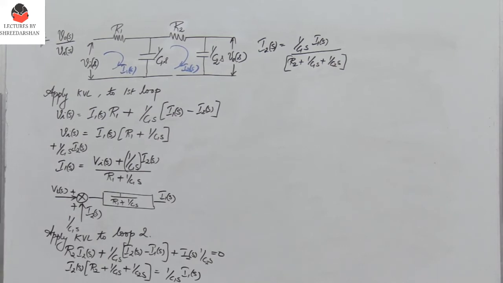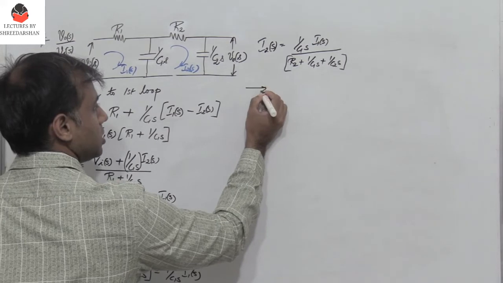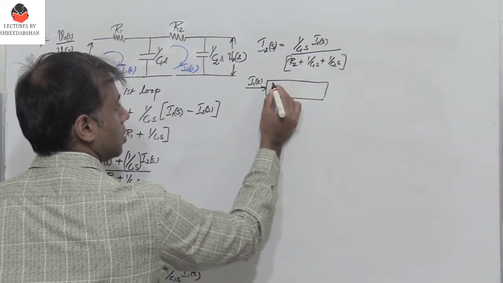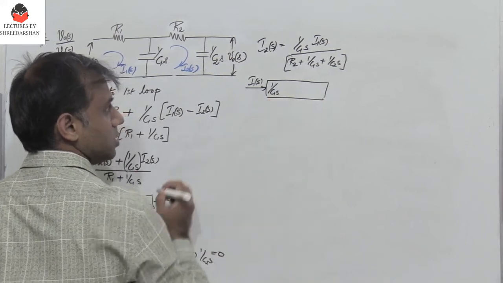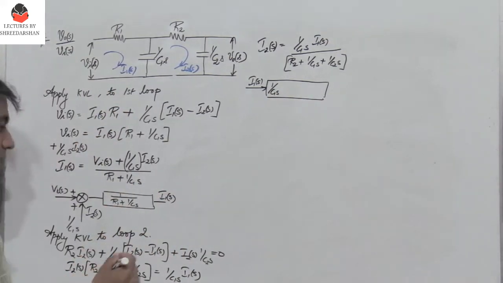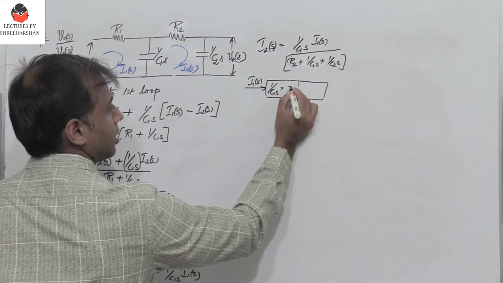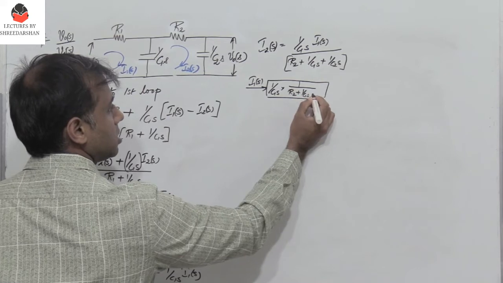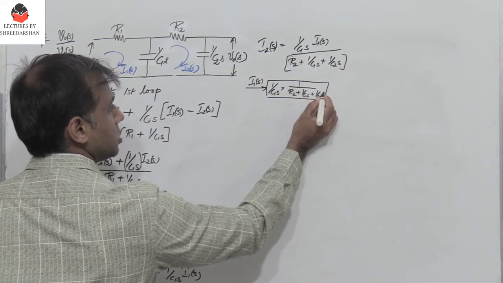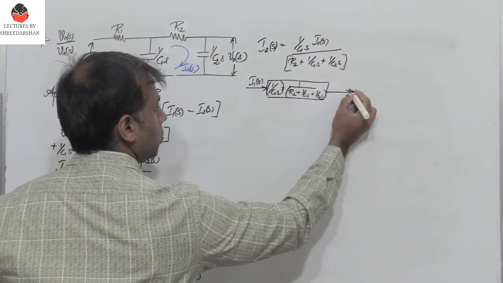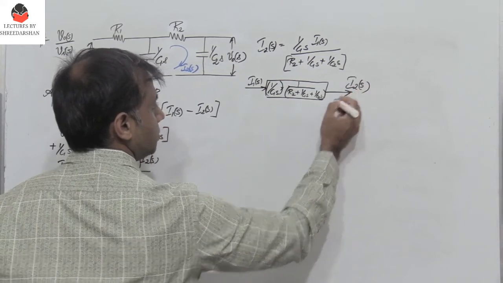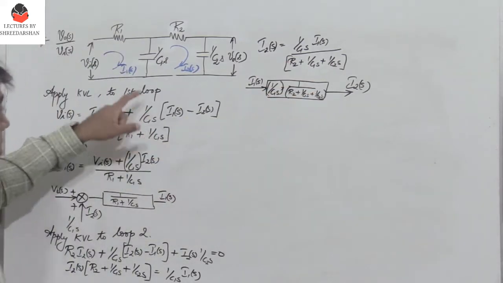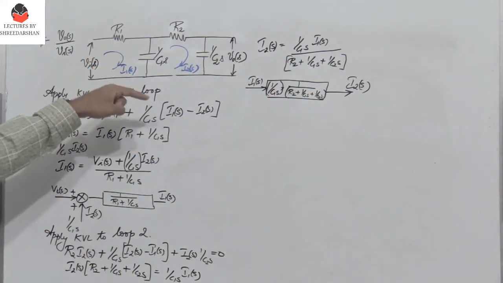The input is I1, and then I have 1 by C1s, and I can write the other block as 1 divided by R2 plus 1 by C1s plus 1 by C2s. These two are multiplied and the output is I2 of s. So I get one more transfer function by considering the KVL applied to the second loop.